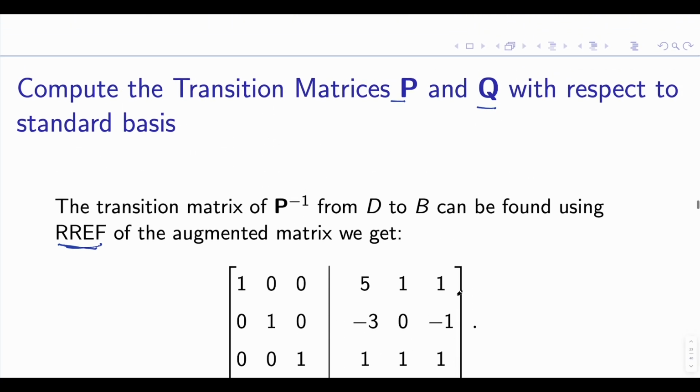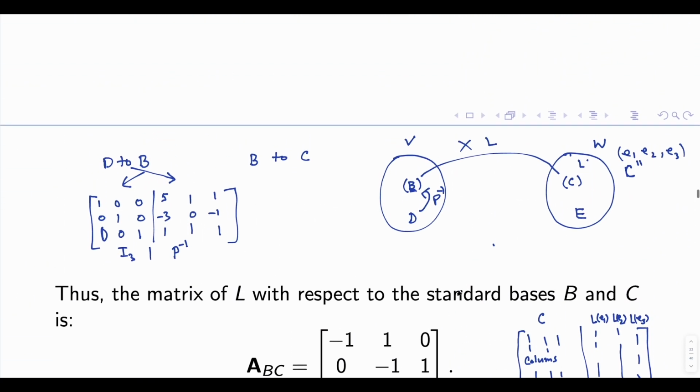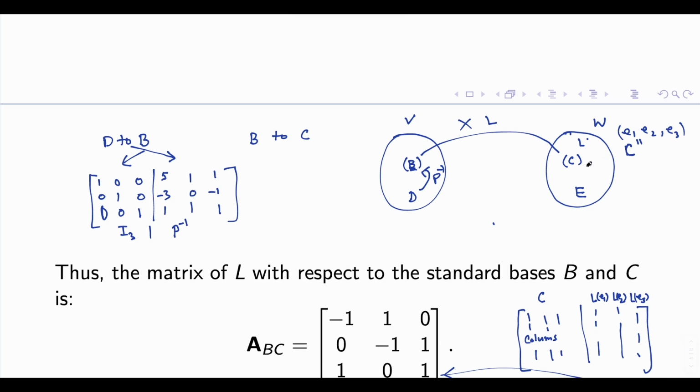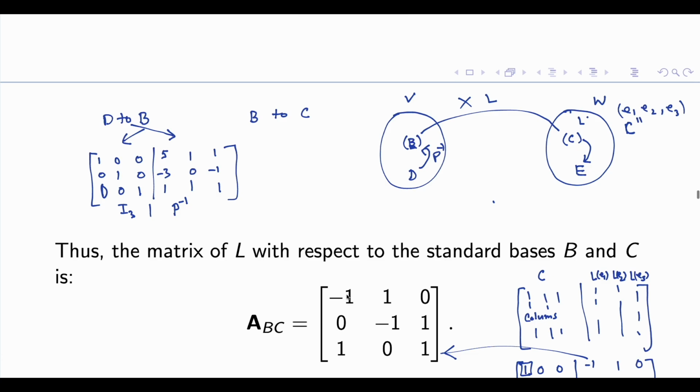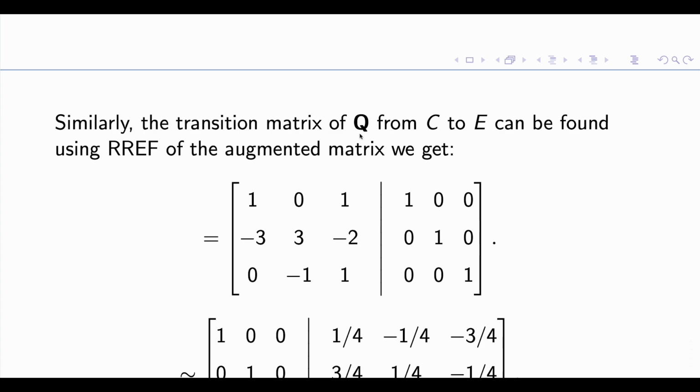Now we have to find Q. Q is nothing but from C to E. C to E means, again if you see here, for finding C to E you have to write this matrix, transition matrix Q from C to E, right?